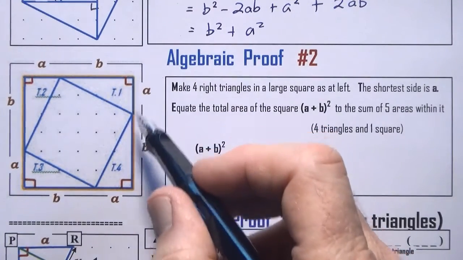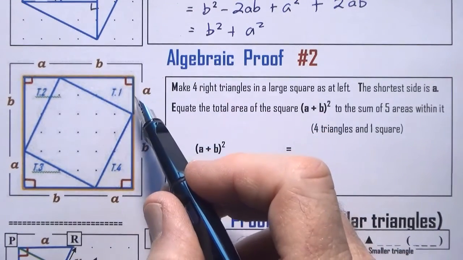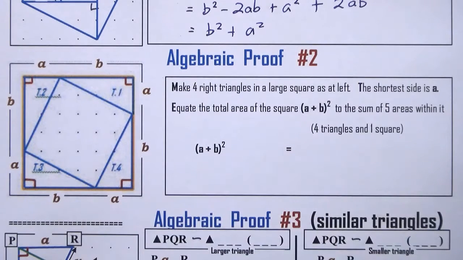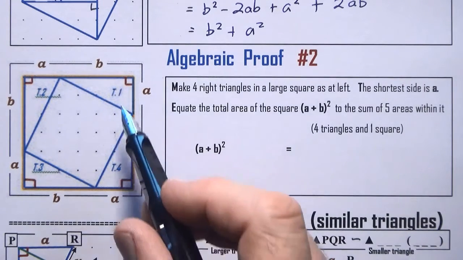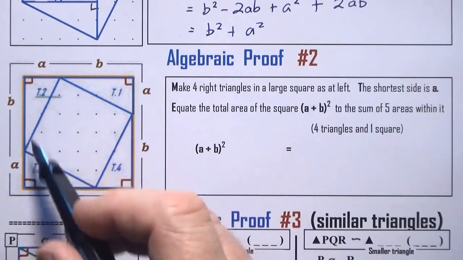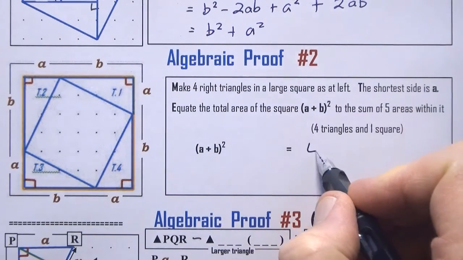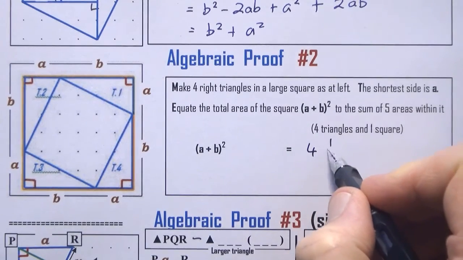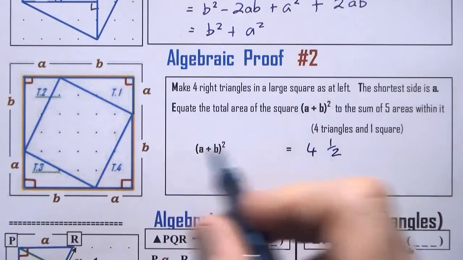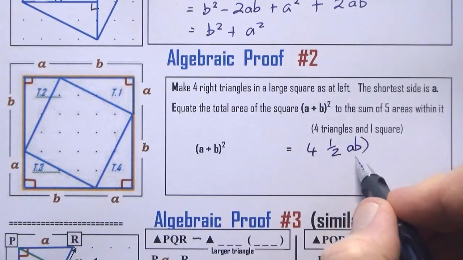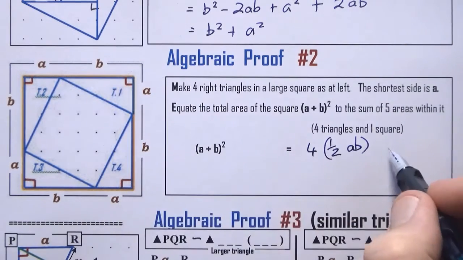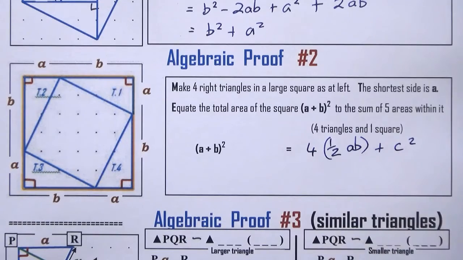The area of the large square is going to be A plus B squared. We equate that with the 5 other areas within that square, that is, the 4 right triangles and the square. 4 times half, again it's half AB, and the square is C squared.